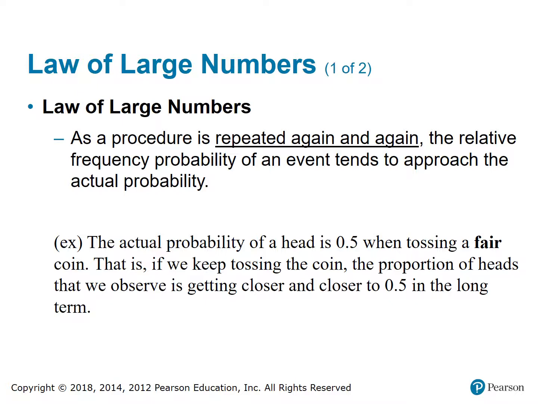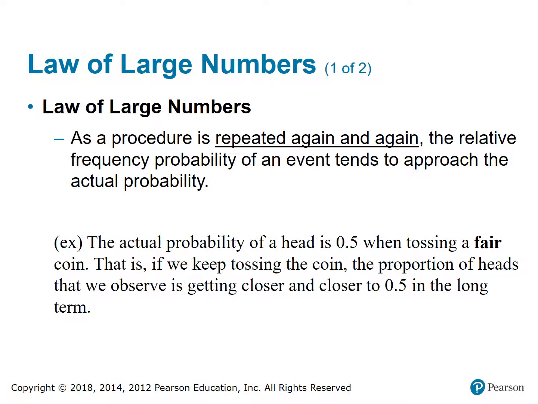Law of large numbers. As a procedure is repeated again and again, the relative frequency probability of it tends to approach the actual probability. So, for instance, if you were to flip a coin, and we'll run an experiment here in just a second, and you got heads 3 times, is it fair to assume that, well, we got heads 3 times in a row, surely that's 100% probability that the next one's going to be heads?